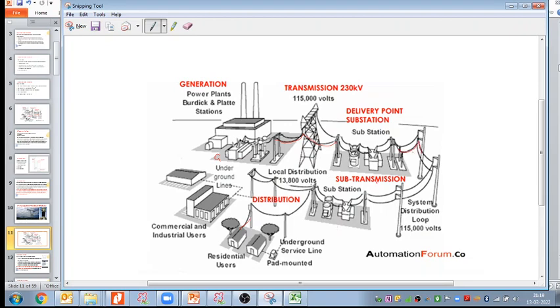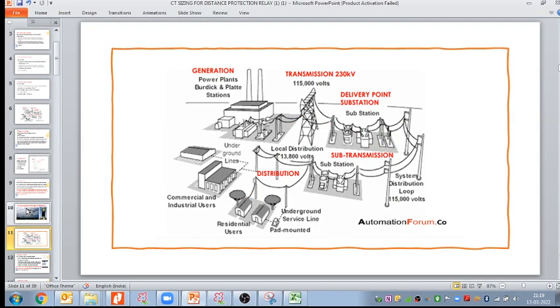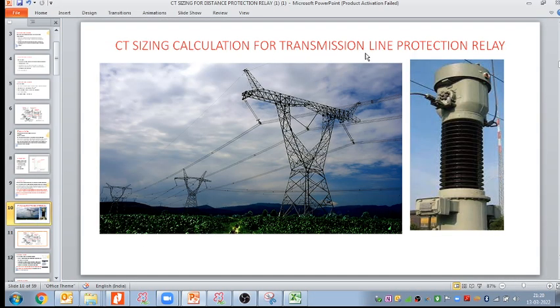We will do the transmission line CT sizing calculations, then the transformer CT sizing calculation, and for the bus bar also. The line, bus bar and transformer are the three main pieces of equipment that we need to protect. For all three we will do the CT sizing calculations, and let us start from the transmission line protection CT requirement.